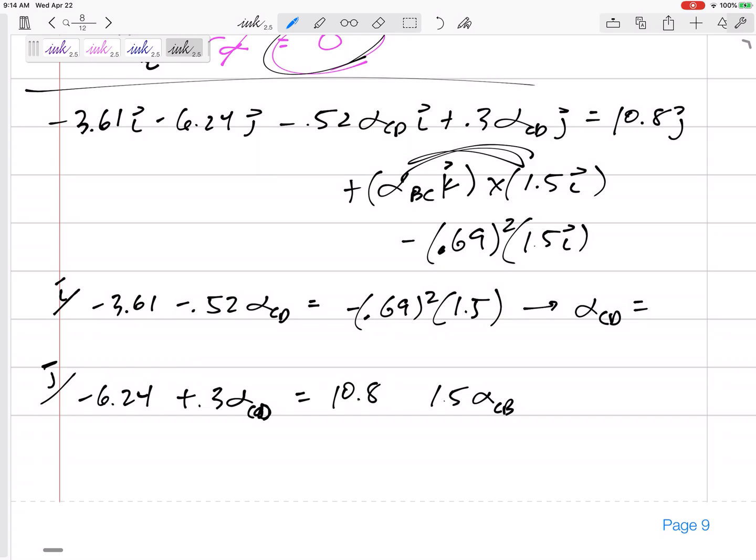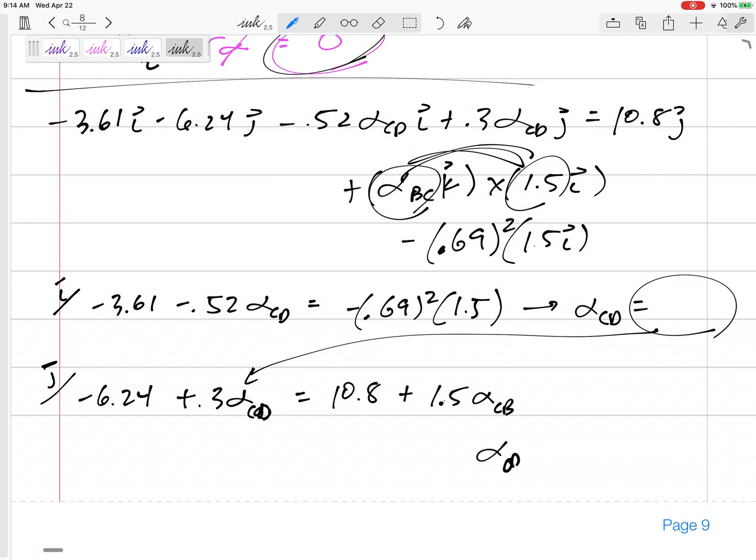When I do a cross product, the first thing I do is take whatever's in front of the I's and J's and K's and multiply those together. So that's where I've got the 1.5 alpha CB. And now I'm going to do the cross product. K cross I is positive J, so this is positive. I don't see any negatives anywhere. Then I would plug this in right here and I would get alpha CB. I'll fill that in just a second.